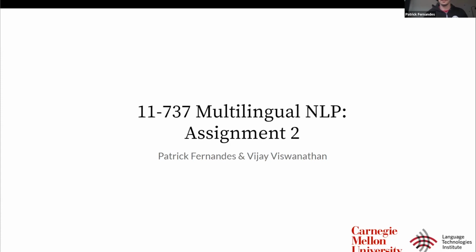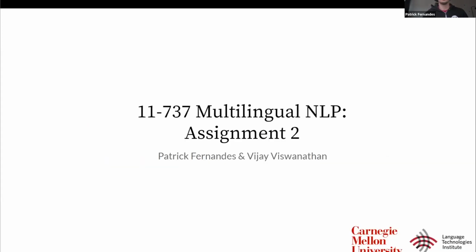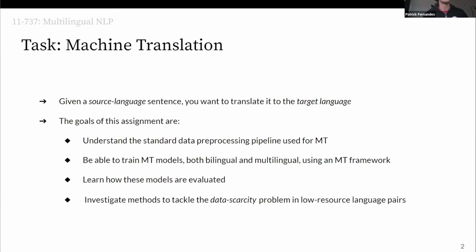So let's get started because we're short on time. This was developed by me and Vijay, who will explain the later part of the assignment. So the task for this assignment is machine translation. As Graham described, given a source language sentence, you want to translate to a target language, so conditional language modeling.